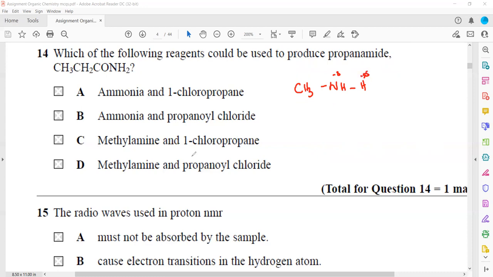This is methylamine, reacting with 1-chloropropane. So 1-chloropropane means CH2, CH2, CH3, and then Cl is there, partial negative and partial positive.